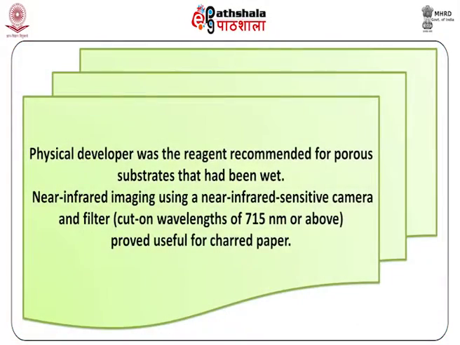Physical developer was the reagent recommended for porous substrates that had been wet. Near-infrared imaging, using a near-infrared sensitive camera and a filter having a cut-on wavelength of 715 nanometers or above, proved to be very useful in the case of charred paper.